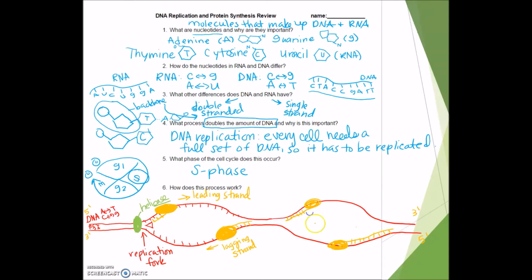The reason we call it semi-conservative is because we have one new strand, new backbone, new nucleotide, and we have the red one, which is our old strand, right here, the template. Old strand, or we can call it the template.